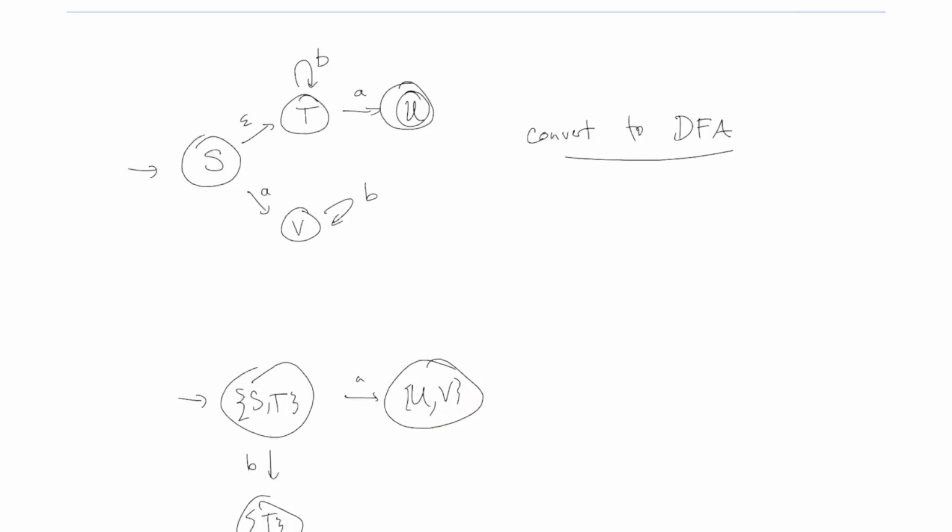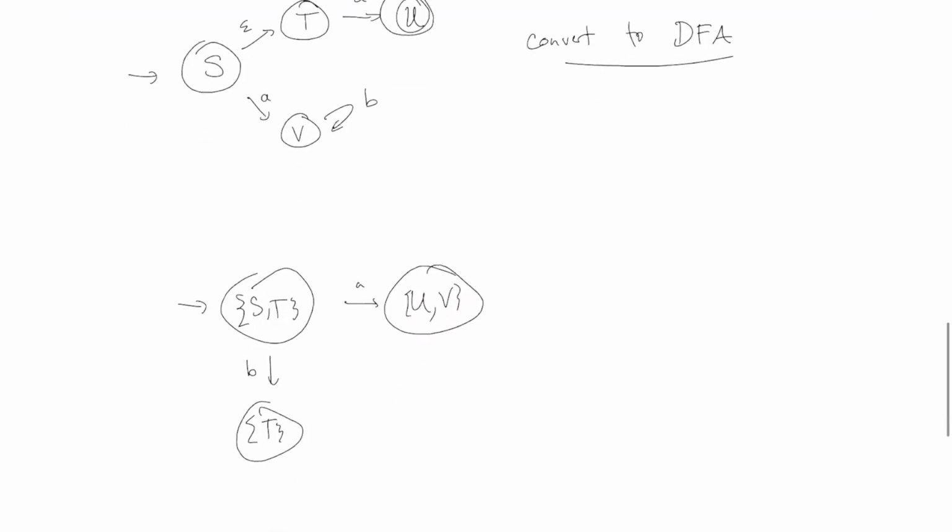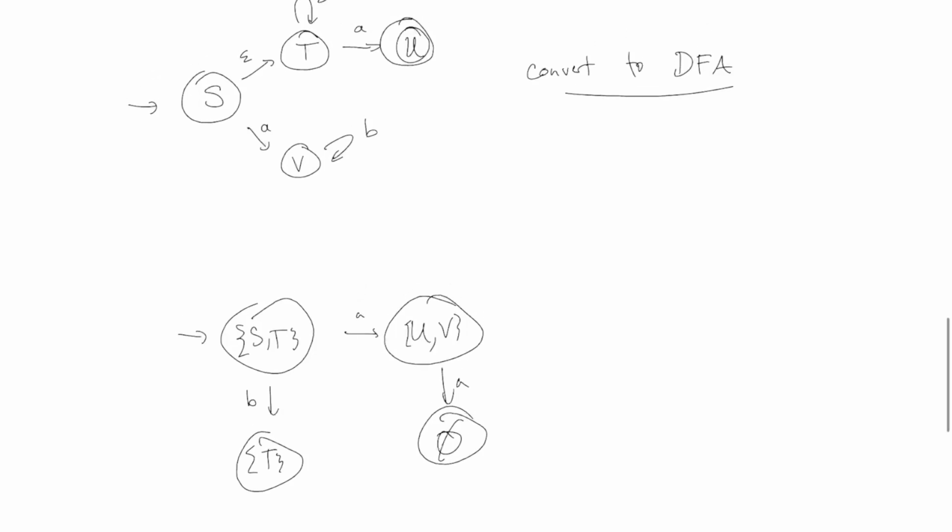There is a state down here labeled with the empty set, and that's where that one goes. That's A, not B. From U and V, if you do A, it can't go anywhere, and so that's an empty set state. The empty set state always gets one of these when you're doing these problems. That's because if you start nowhere and do A, you end nowhere. And same with a B.